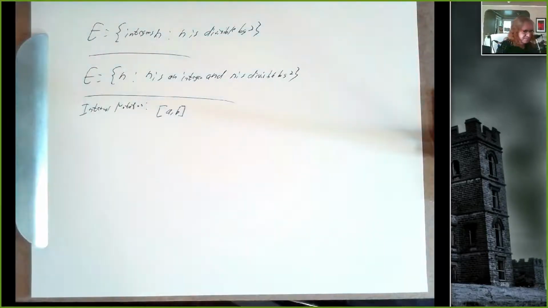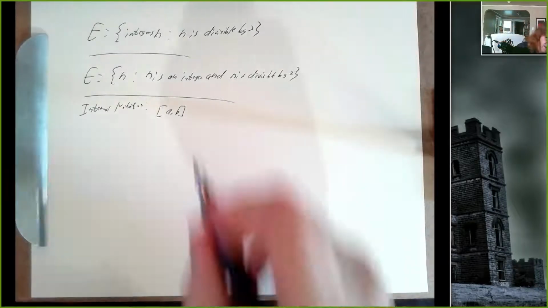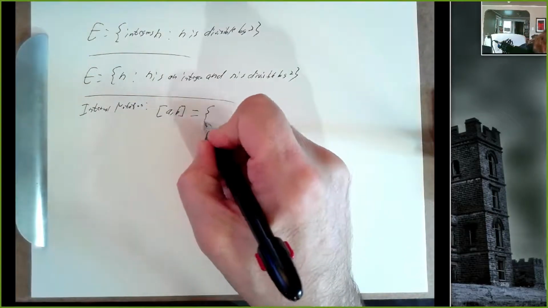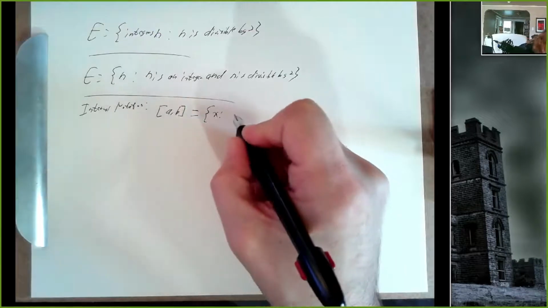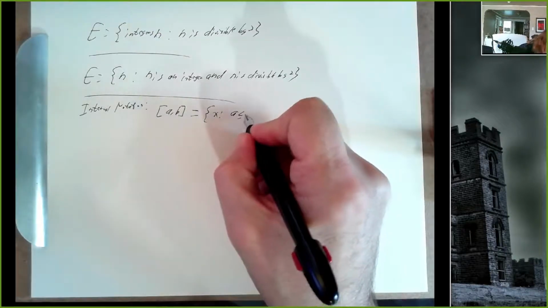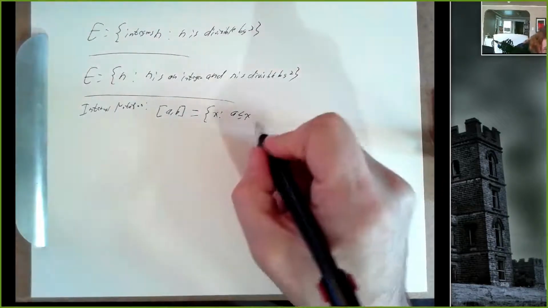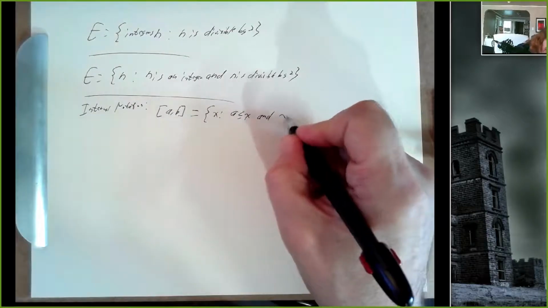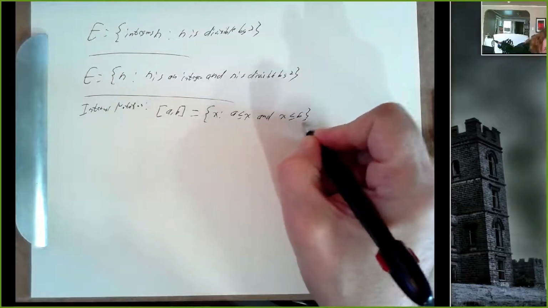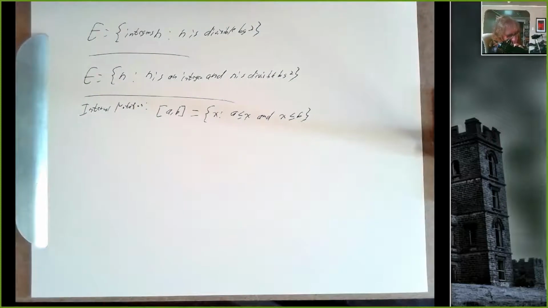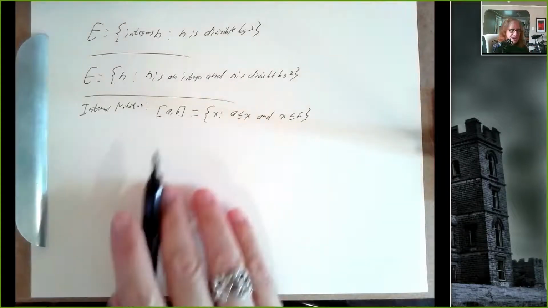Square bracket a comma b. And this is a shorthand for the set of all x such that x is bigger than or equal to a and x is less than or equal to b. And you've encountered this in other math classes, I believe. But the square bracket is significant.